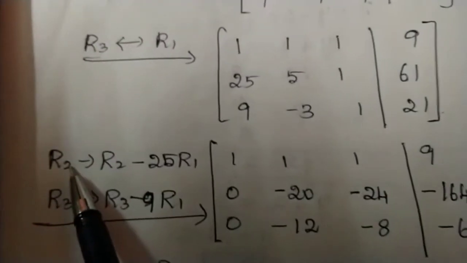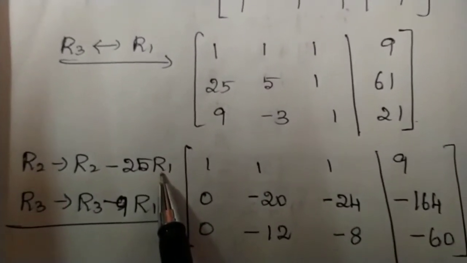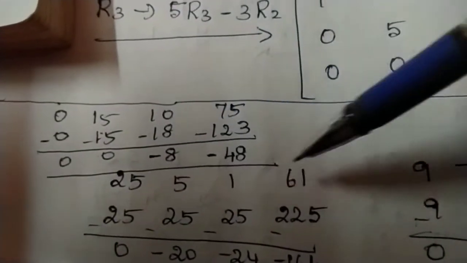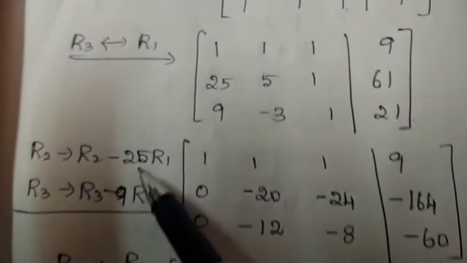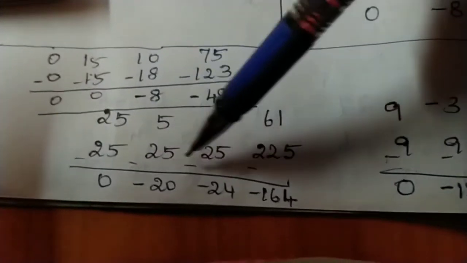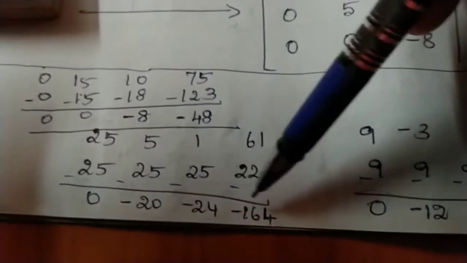Then R2 implies R2 minus 25 R1. R2 is 25, 5, 1, 61. Now R1 multiplied by 25, that is minus 25, 25, 25. Subtract, get 0, minus 20, minus 24, minus 164.